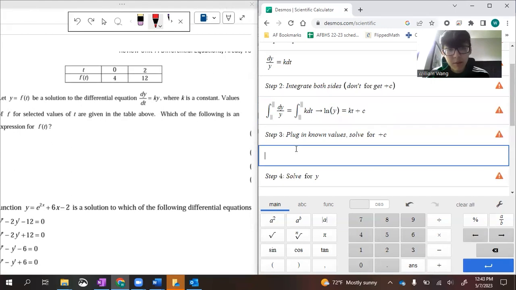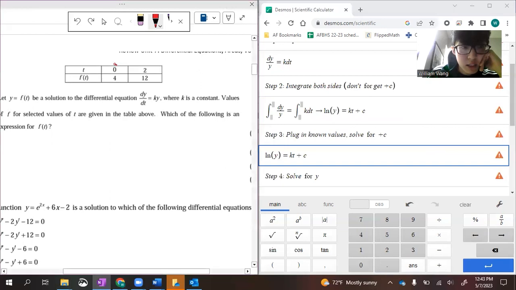All right, next step. I plug in my known values and solve for c. Well, what are my known values? I'm given a few. I know that when t is 0, y has to be 4. So I could use that.